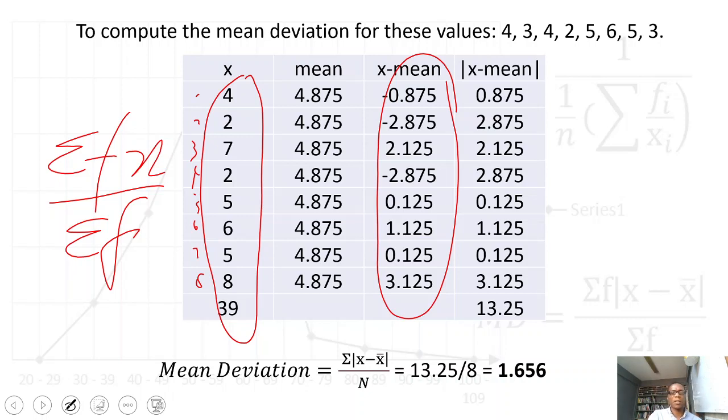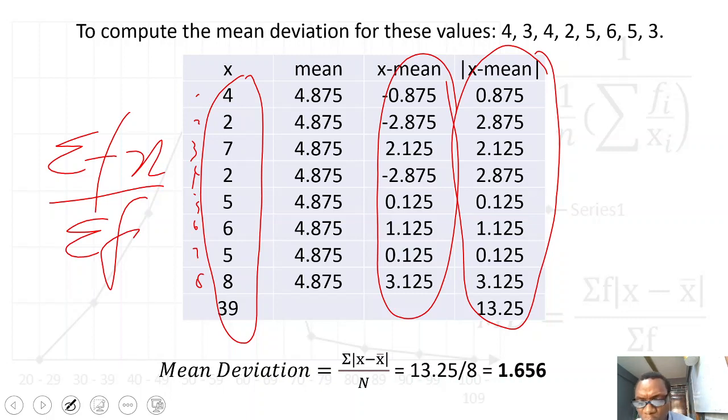So if we have 4 minus 4.875, that gives us negative 0.875. But in absolute terms, the difference is actually 0.875. For this column here, we're dealing with absolute differences, which means that all the negative signs will go, and we will be left with positive numbers only.